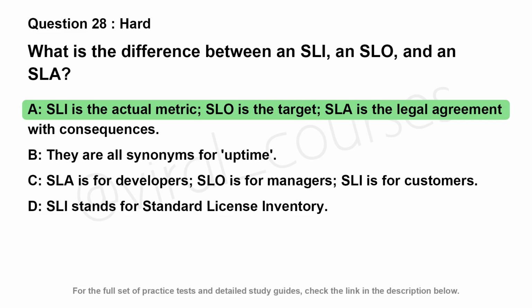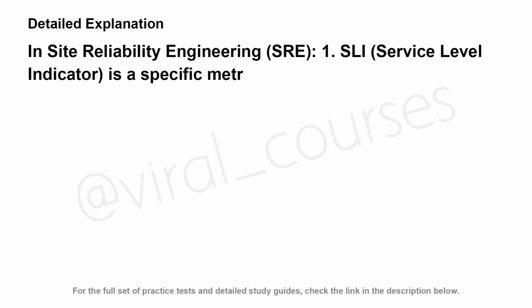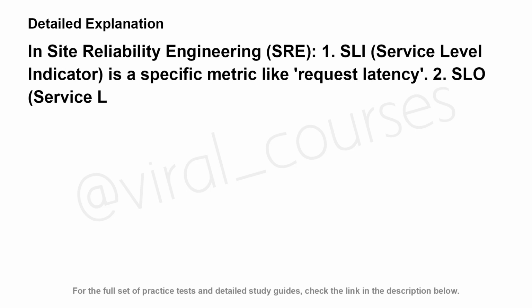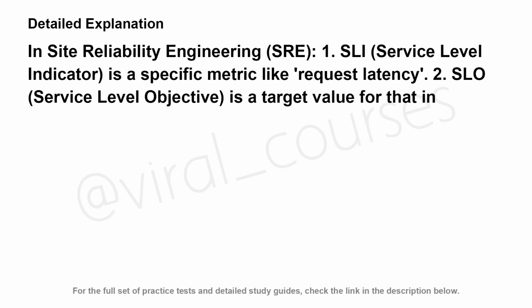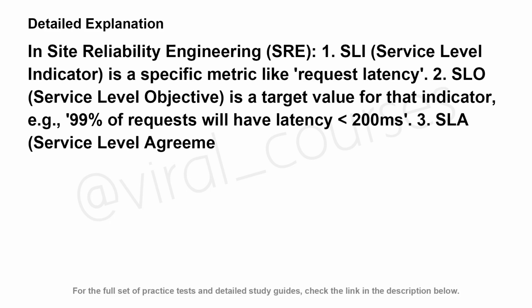The correct answer is A. In Site Reliability Engineering, SRE: 1. SLI, Service Level Indicator, is a specific metric like request latency. 2. SLO, Service Level Objective, is a target value for that indicator, e.g., 99% of requests will have latency less than 200 milliseconds. 3.